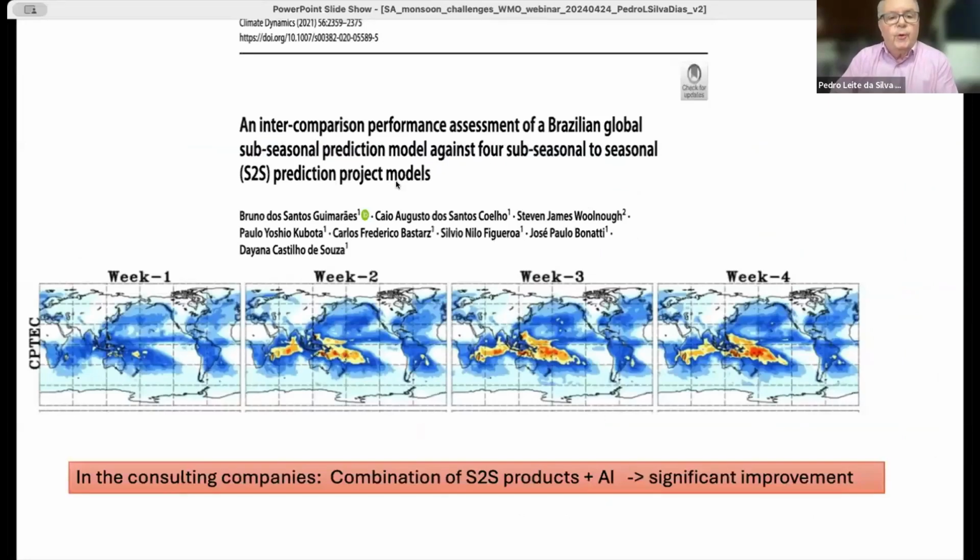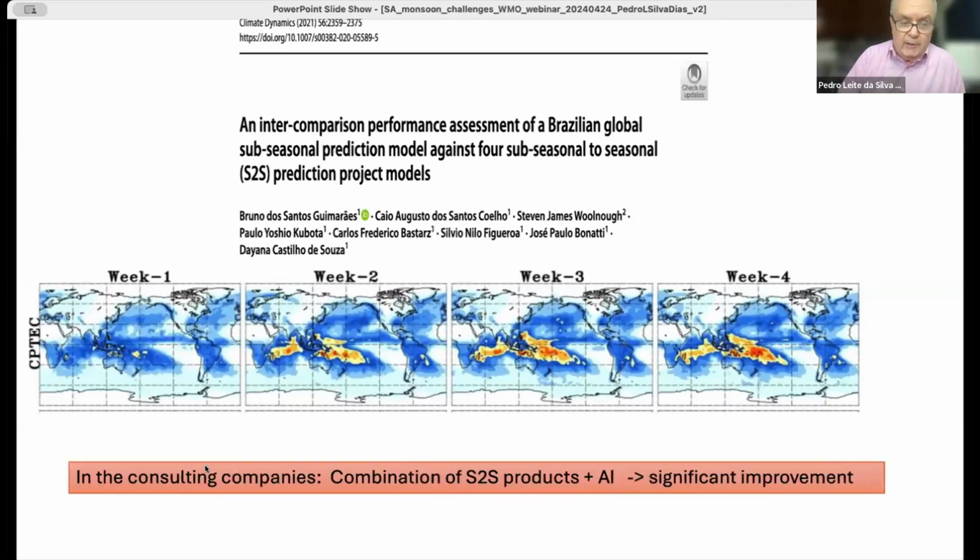From the point of view of seasonal to sub-seasonal forecasting, there's this interesting paper in Climate Dynamics, an evaluation of how the models behave concerning the prediction of weeks 1, 2, 3, 4. You can see there is a signal. It's not that strong, but there's something, particularly over the South Atlantic Convergence Zone region.